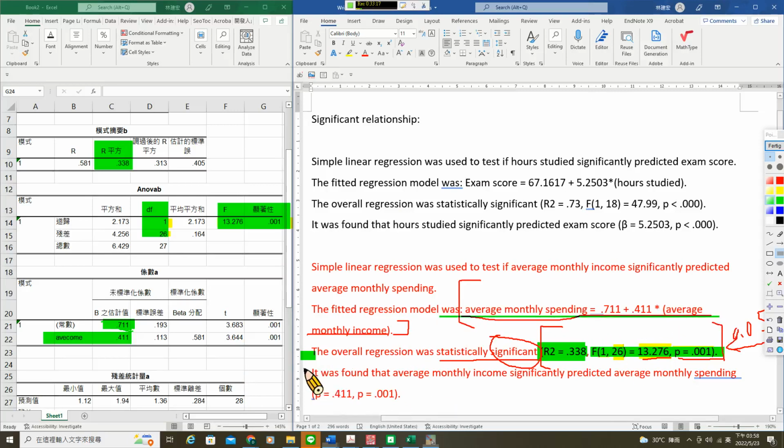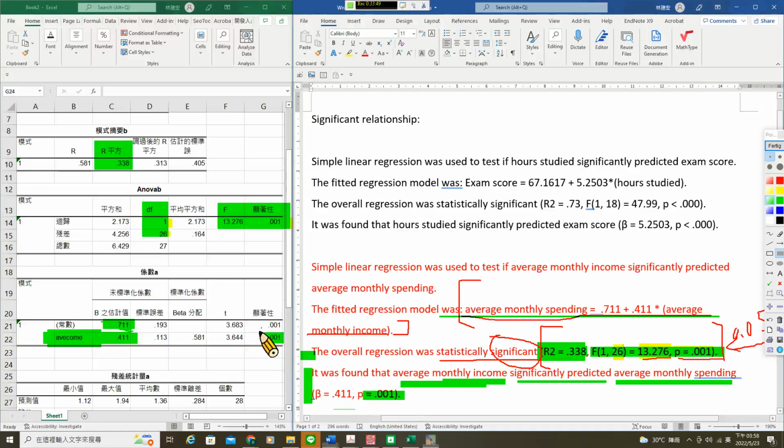And here comes the conclusion. So it was found that average monthly income significantly predicted average monthly spending. And this is average monthly spending. And the beta value is 0.411, and the probability for this one is this one.